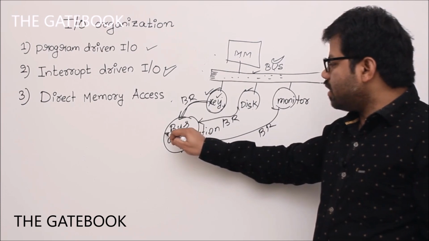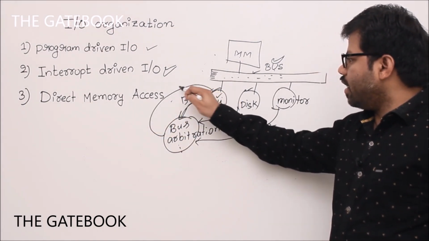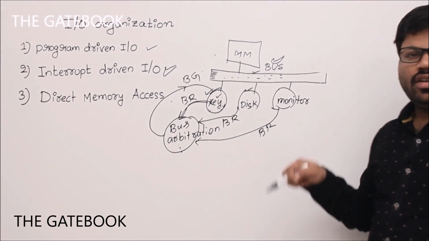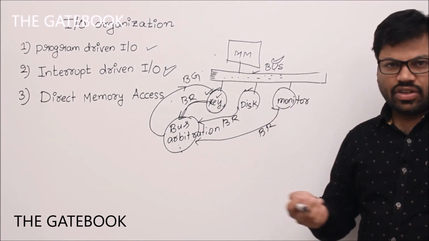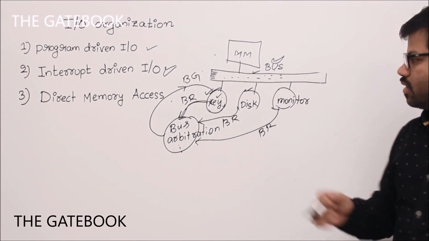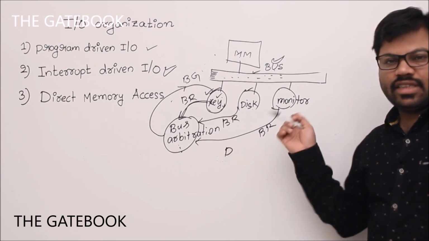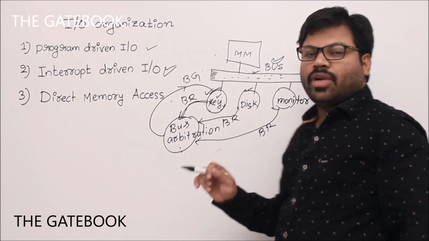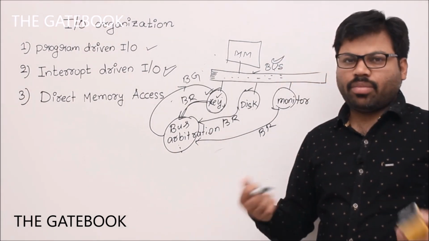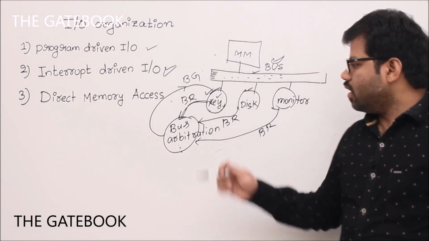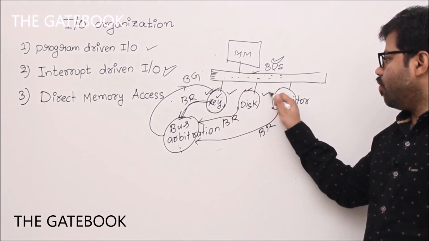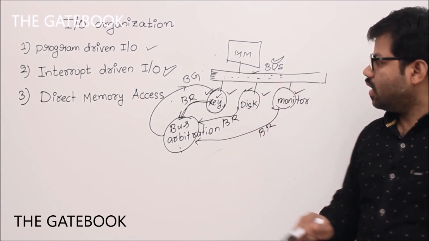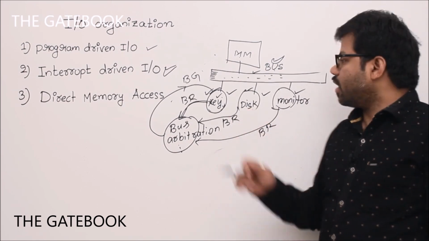Then the bus arbitration circuit will send a signal called bus granted to only one, depending on the hardware circuit which you design. You can design a daisy chain model or anything. I'm not going to discuss the details, but finally this circuit, based on how it is designed, will decide one device to take control over the bus, and then that device can use the bus.